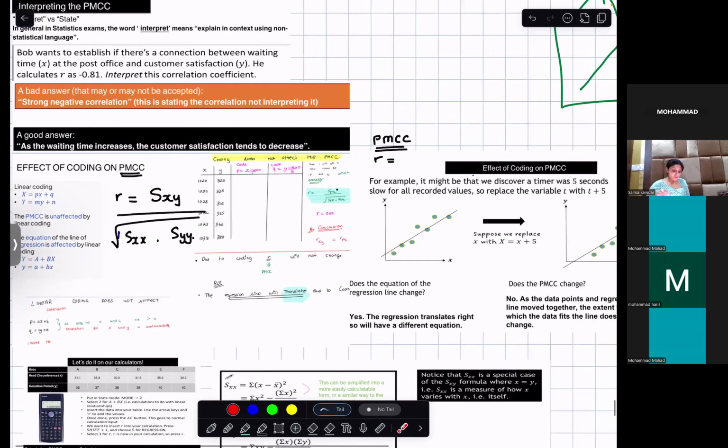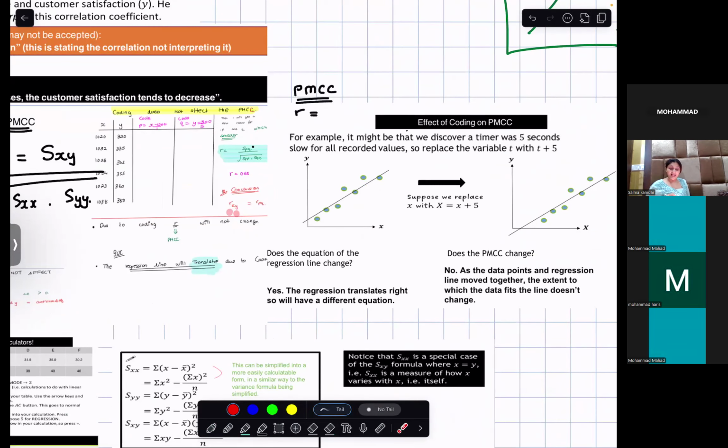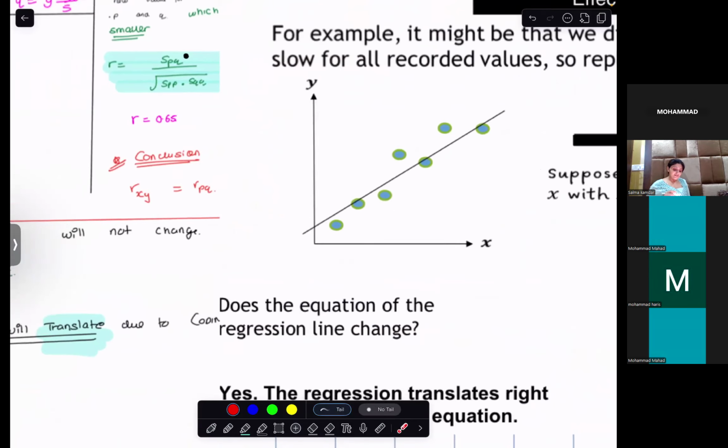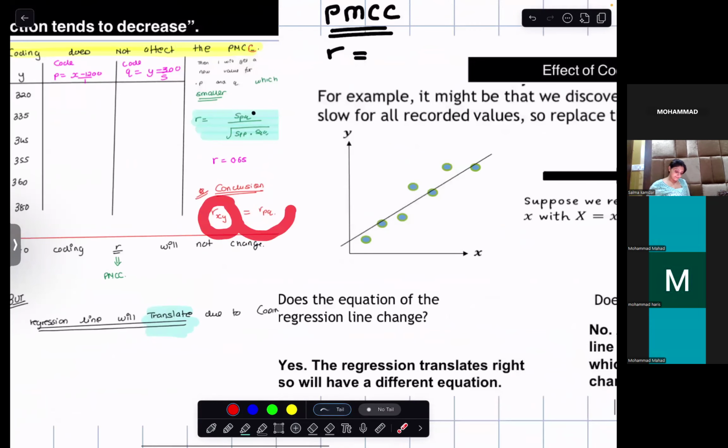So if they give you R for X, Y and ask you to calculate R for PQ, it will be the same. Are you with me? If they ask you to calculate R for PQ but give you information about Sxx, Sxy, Syy, you will calculate R of XY and say it is equal.